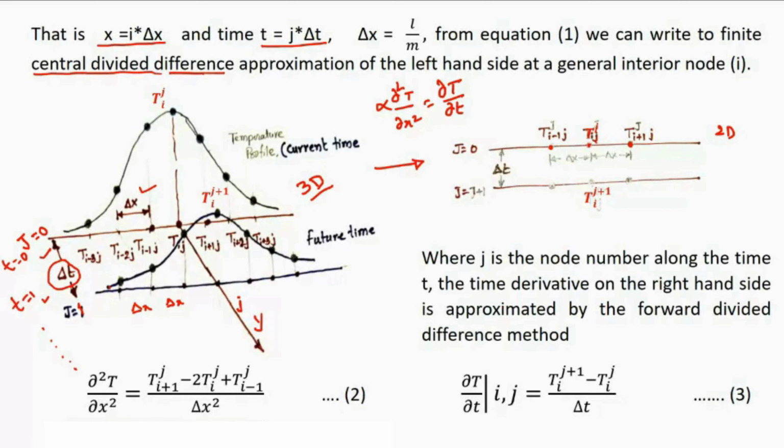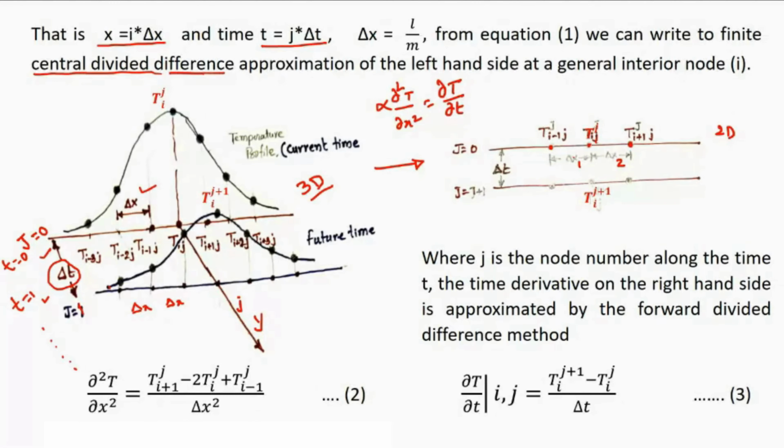By using these two, I can call delta x1 equal to T of i, j superscript j minus T of i minus 1, j superscript j, the difference of these two divided by the h interval, that is delta x. Similarly, this is the delta x2 equation: delta x2 is equal to T of i plus 1, j superscript j minus T of i, j.